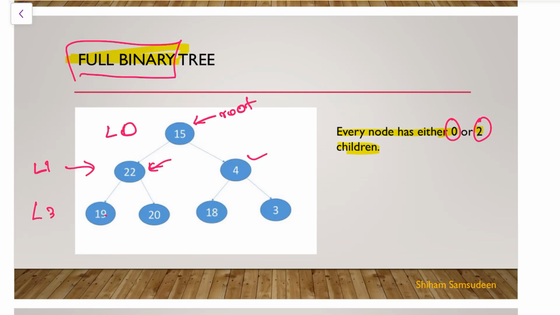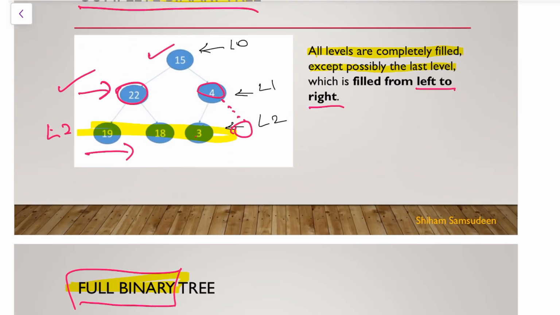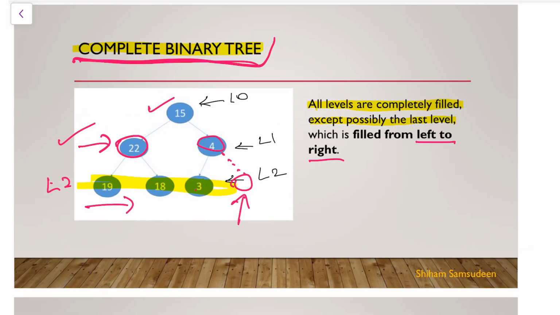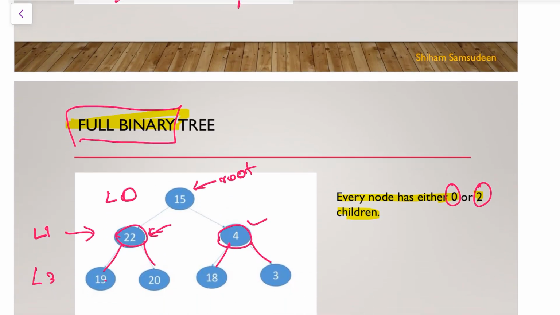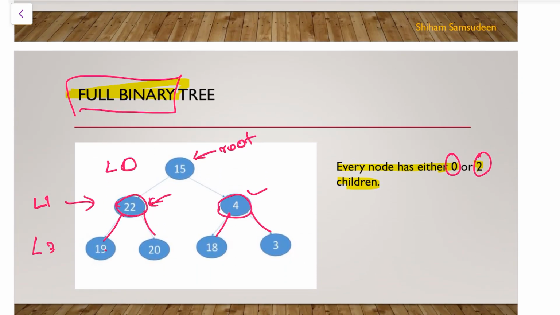So for each node you have 2, right? In the previous one this one was missing, so that was a complete binary tree, because when you fill from left to right it's not completing the whole thing, but it is called a complete binary tree. But in full binary trees you can have either 0 children, that is leaf nodes, or you should have 2 children. So these are all having 2 children, right?